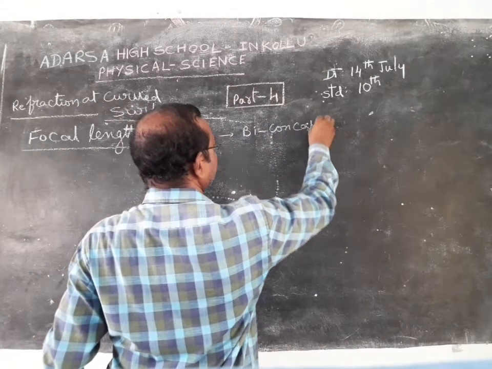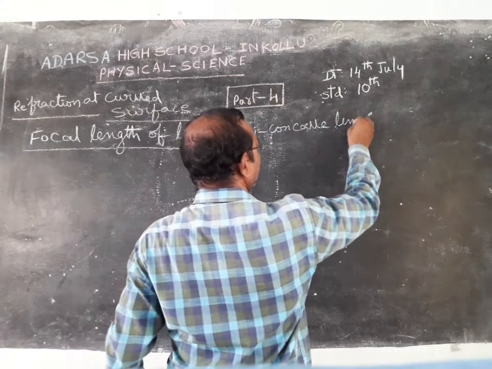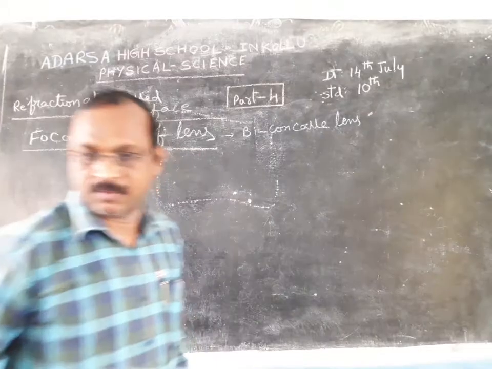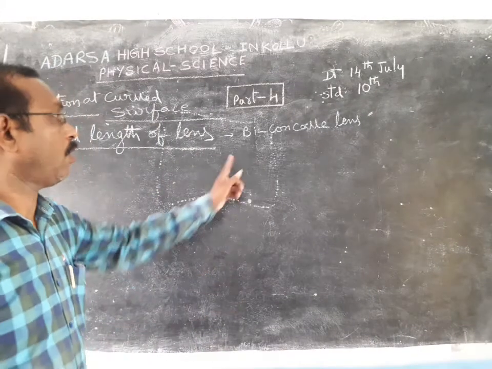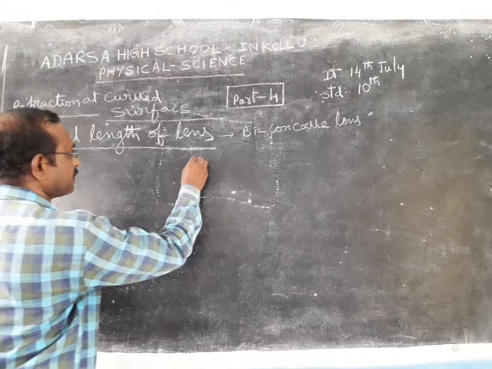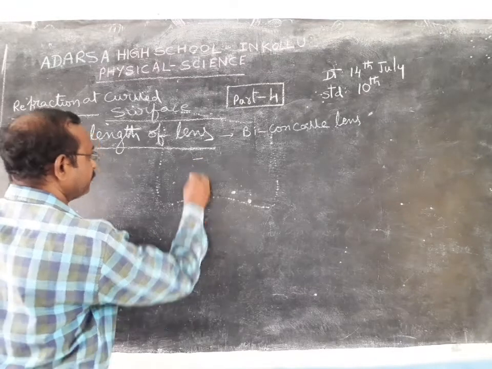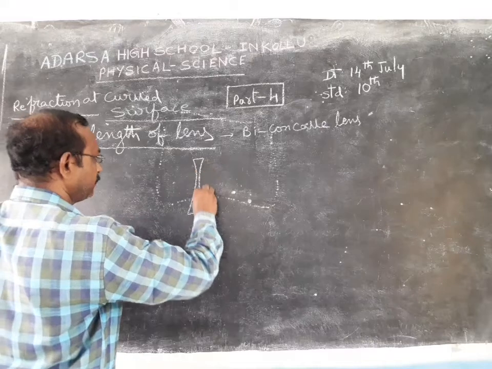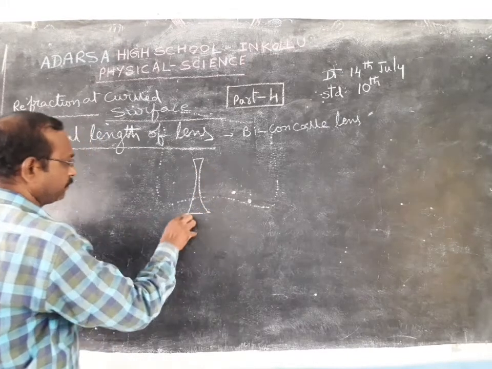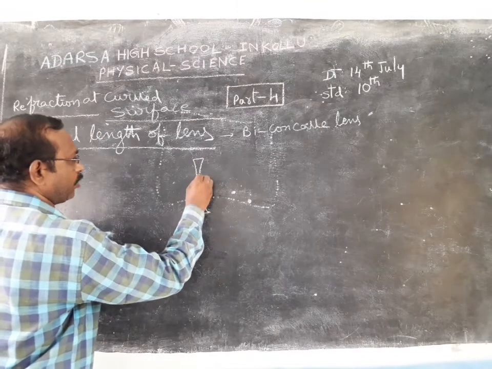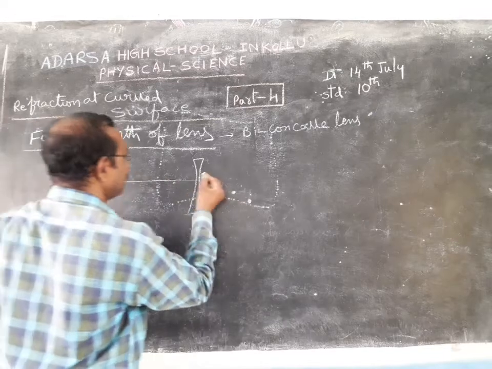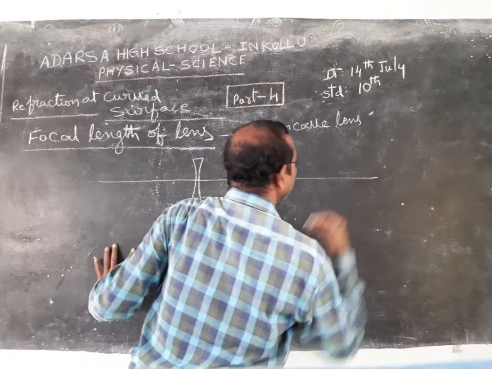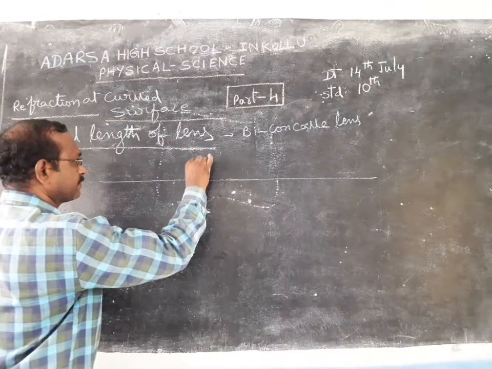Biconcave lens. This is the biconcave lens. Principal axis.